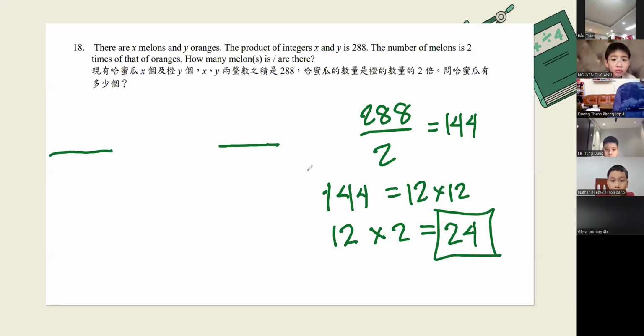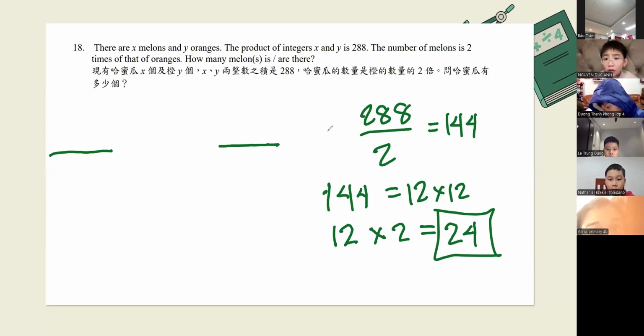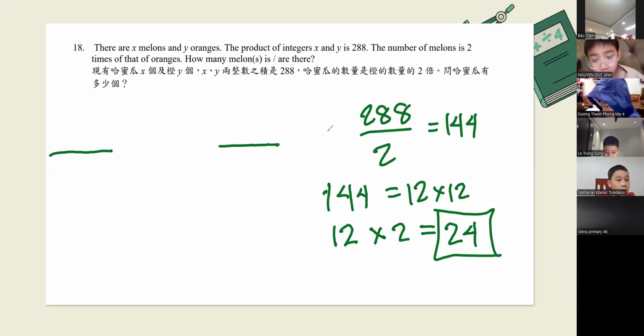Again, the product of X and Y is 288. So we divide it by 2 because we want to equally distribute our number into 2 numbers, because we have X and Y, right? That's 2. So it's equal to 144. Then think of a number that when you multiply it by itself, you'll get 144 as its perfect square.